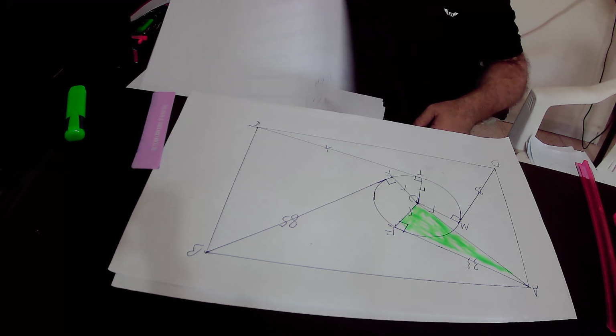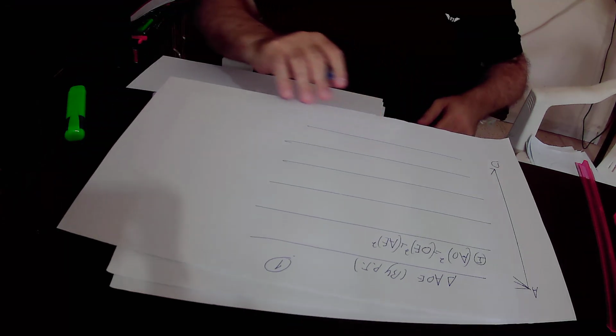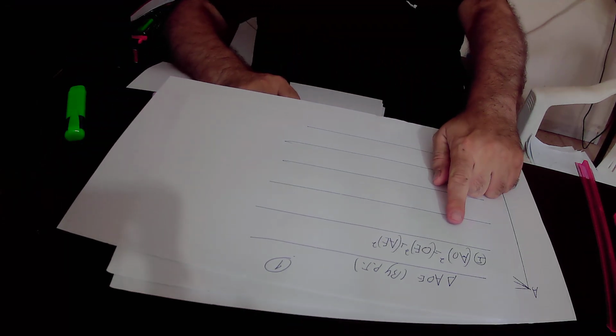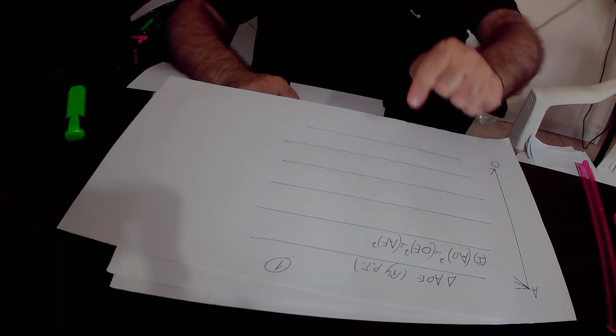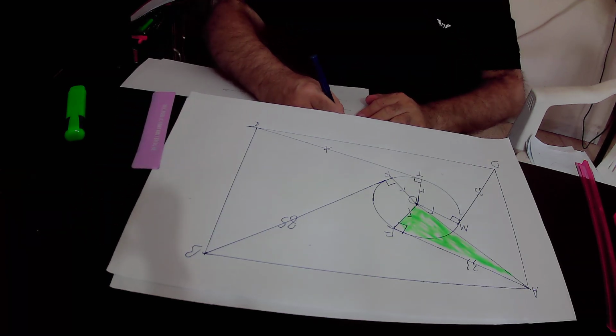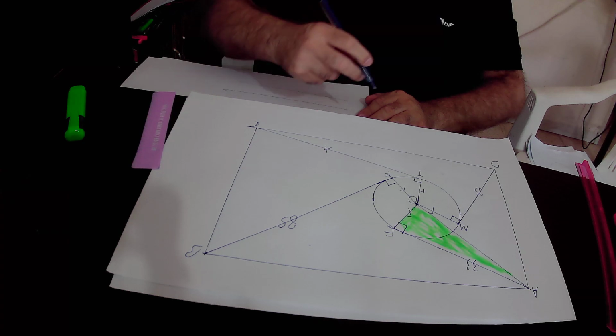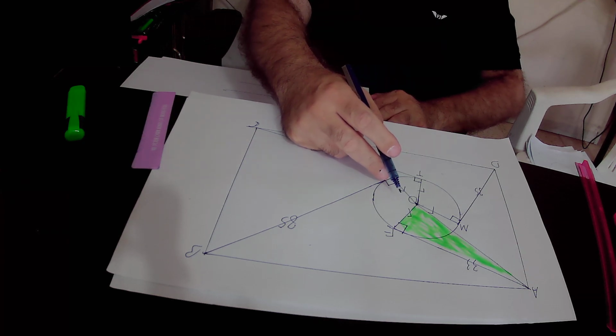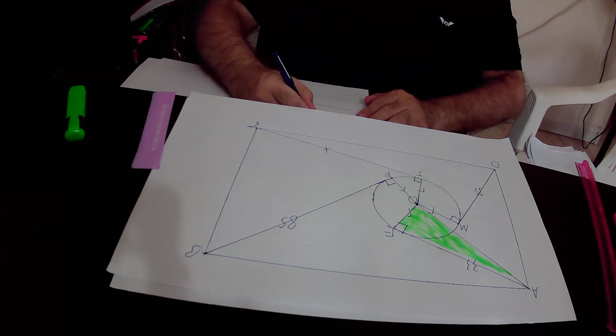Repeat again, in the right green triangle AOE, according to the Pythagoras theorem, AO square equals OE square plus AE square. So AO square equals OE square. OE is R, therefore OE square is R square, plus AE square.